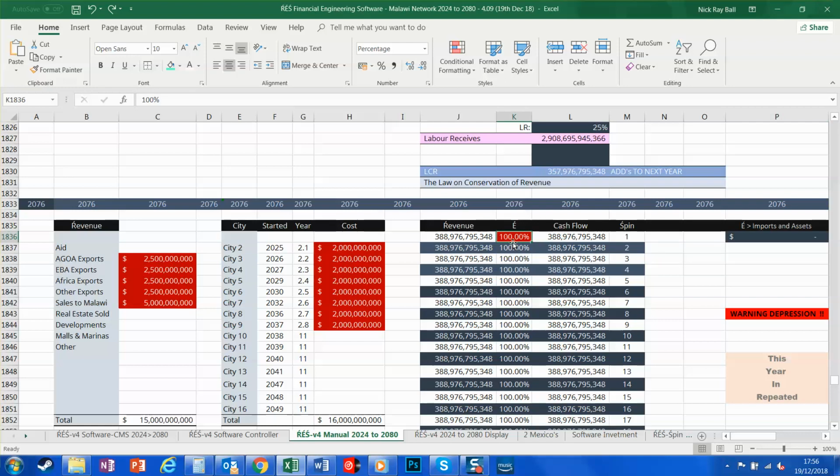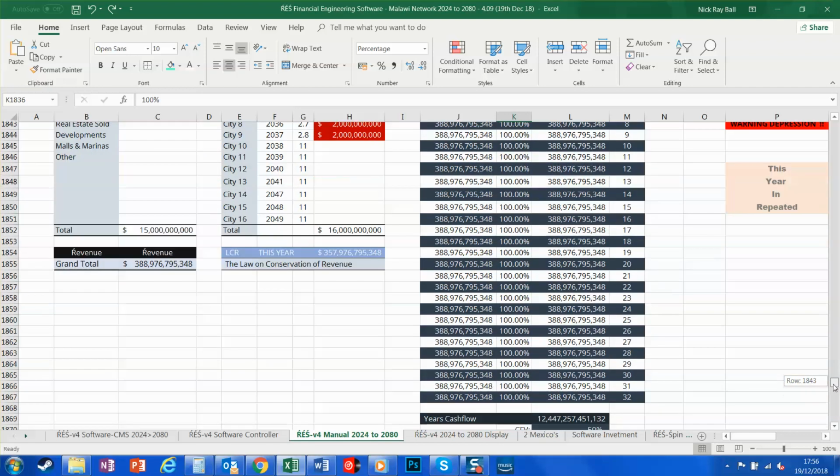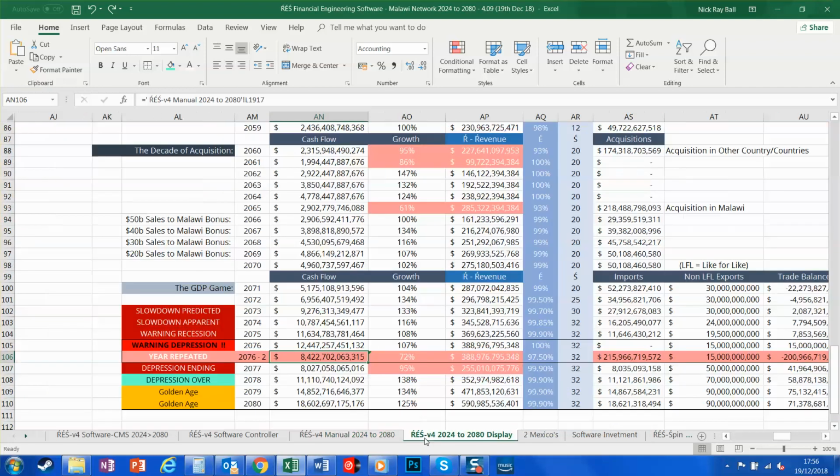In this case, E has stayed at 100%. And of course the network does great. It actually, in the middle of a depression, increases its cash flow. But I've done another technique where it's basically dumped as much cash as it can, basically the same as we use for the decade of acquisition.